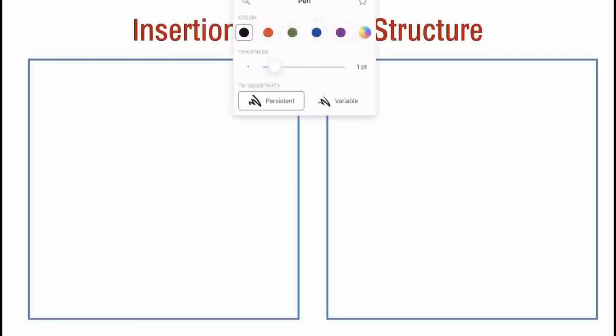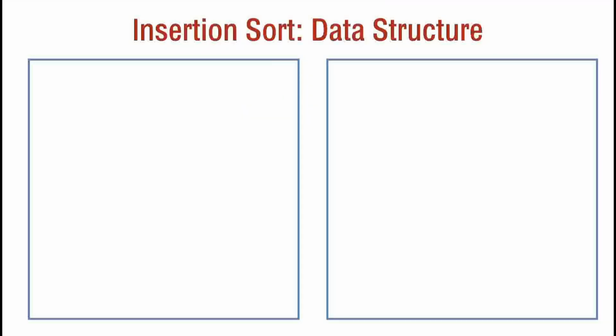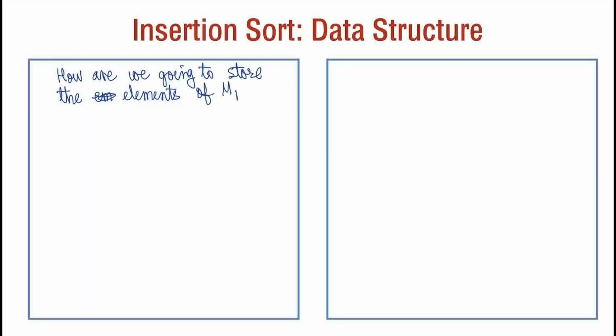So based on this, we come to the required data structure, saying that how are we going to store the elements of M1 so that insertion can be done in order log n time.